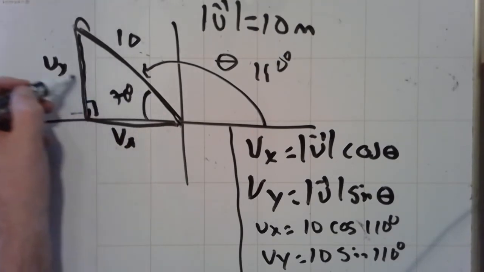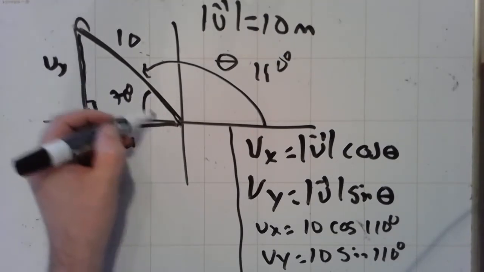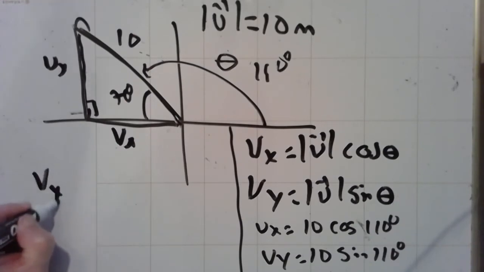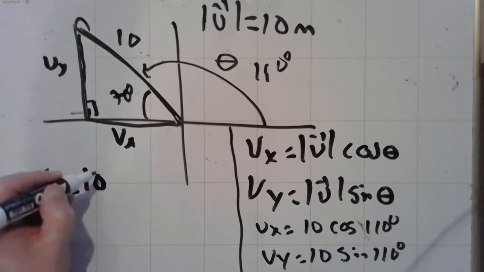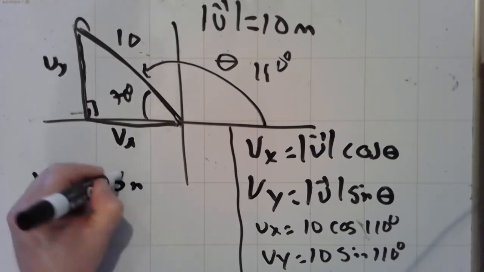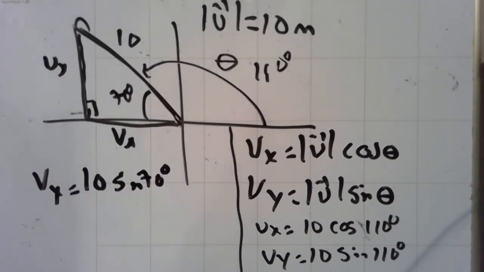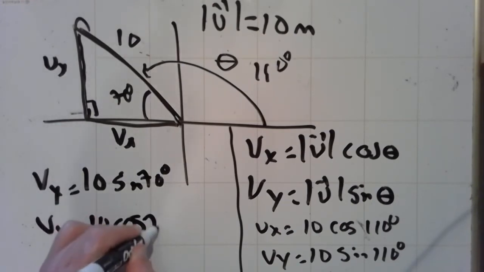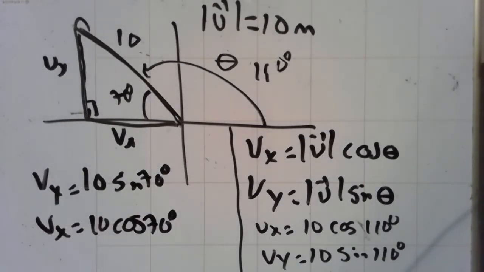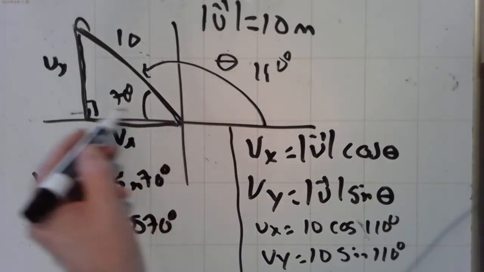Look, opposite the 70 is Vy. So Vy will be 10 times sine of 70 degrees. I'm using a reference triangle here. Vx will be 10 cosine of 70. Oh, but there's a problem. If you do it this way, look at that x.